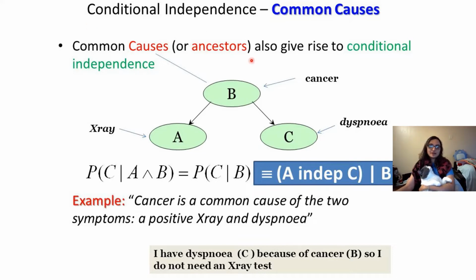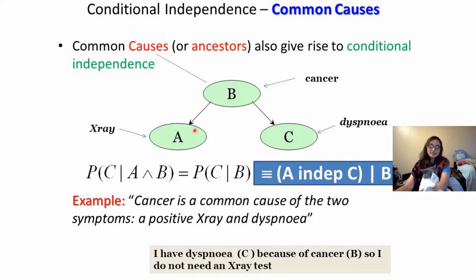Common causes or ancestors can also give rise to conditional independence, like cancer. Cancer is leading you to get x-rays, and dyspnea as well. So basically the probability of C given A and B is just equal to the probability of C given B here.